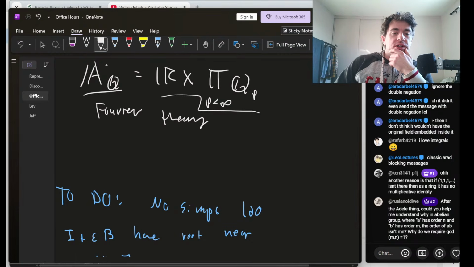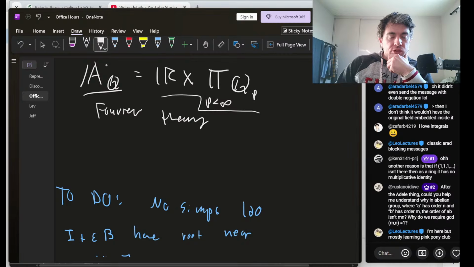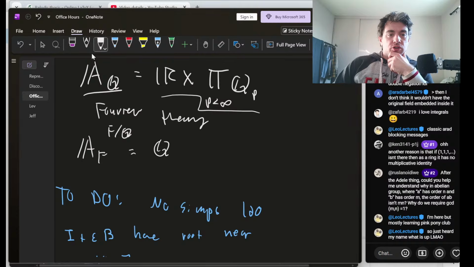So let me just say one last thing on this. By the way, you can play this whole game for any number field. So take a finite extension F over Q, and how are the Adeles defined? Well, your first factor now becomes a product over all the Archimedean places.